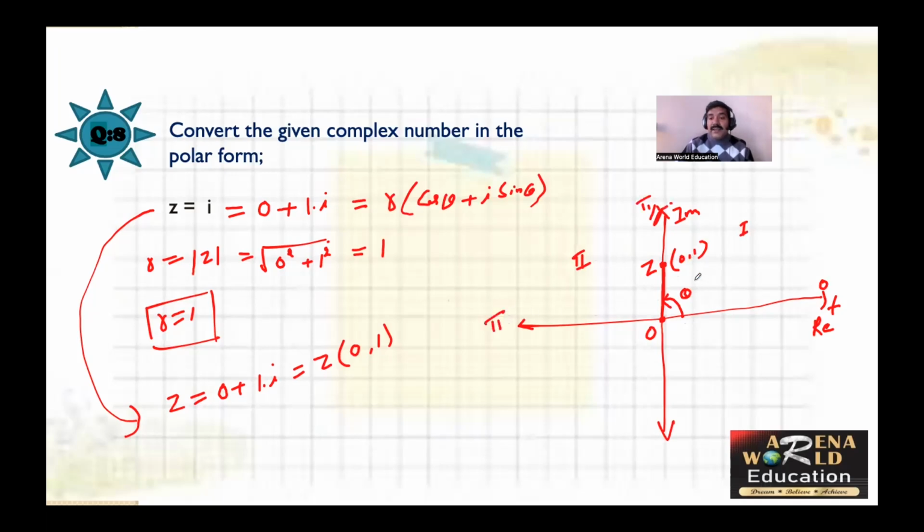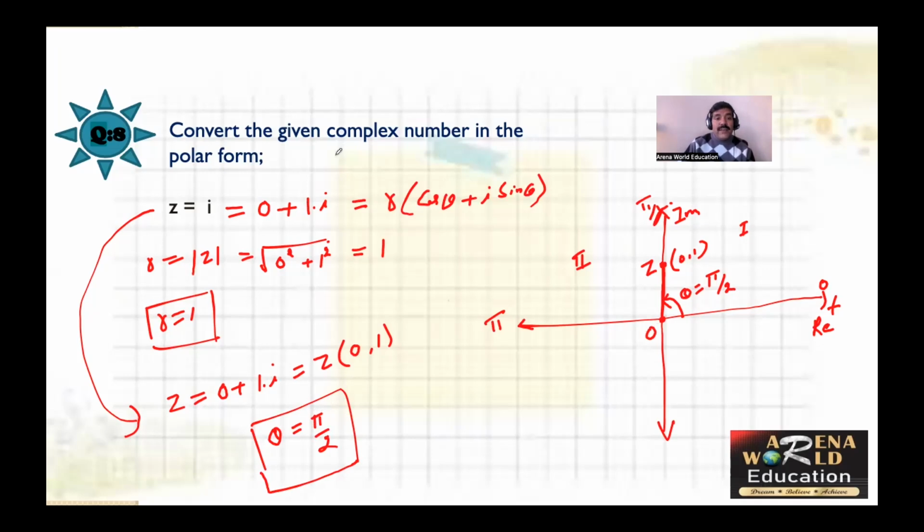So here directly we will write theta is pi by 2, right? So we have calculated R and now we have calculated theta. Theta will be pi by 2 and it will be positive because we have made theta in the anti-clockwise direction. So theta will be positive pi by 2.